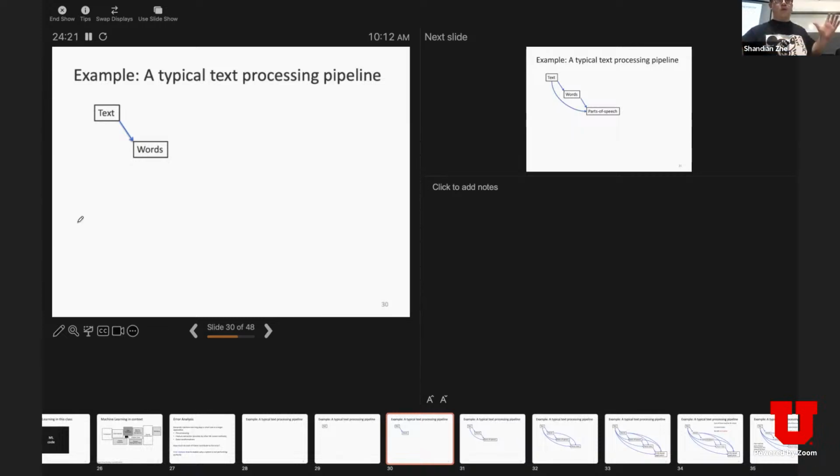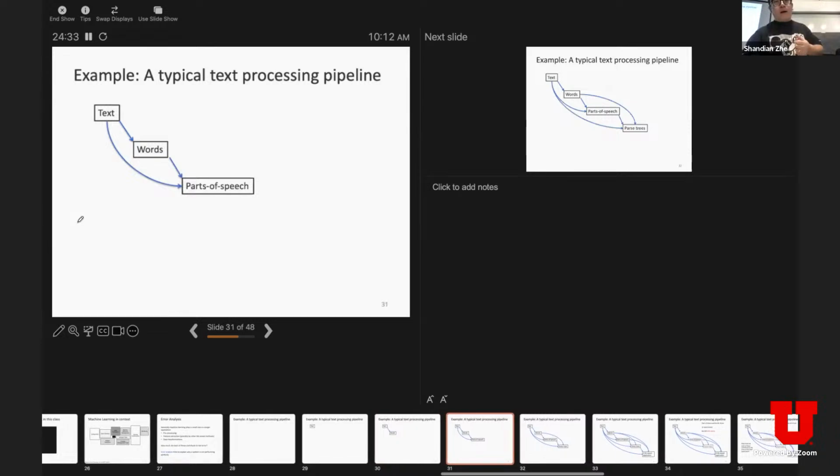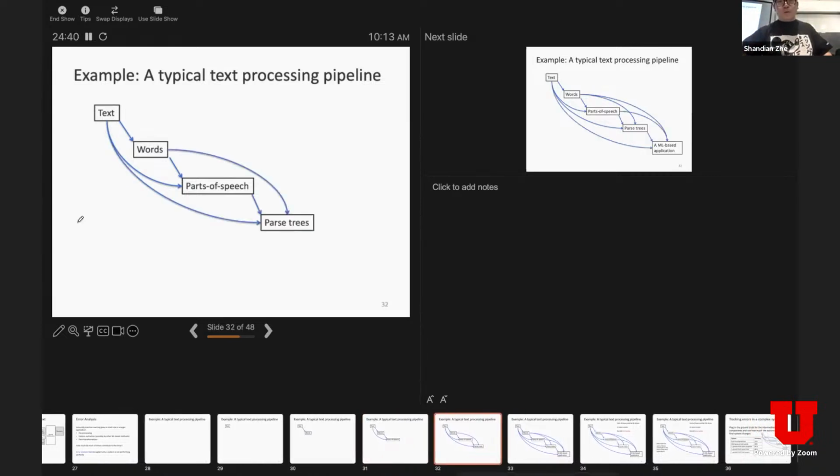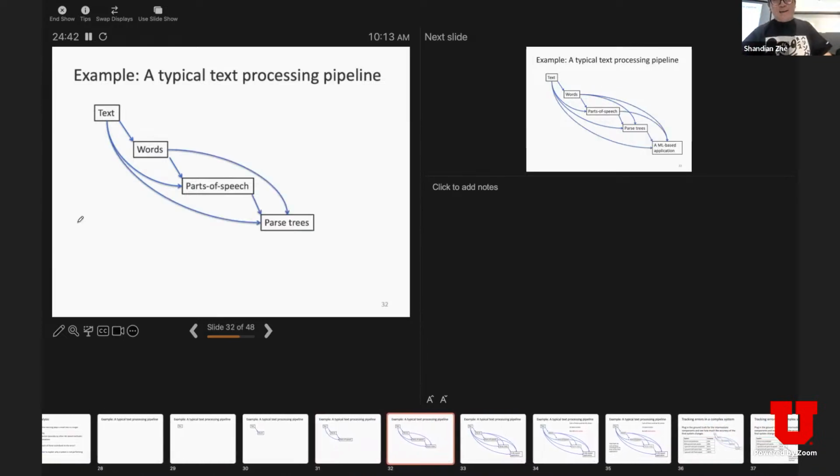I just ignore whether it's singular or plural or past tense or future tense or past participle, all that kind of stuff. I would just convert into the same form. And then I do parts of speech tagging. And through the parts of speech tagging, I can do some semantic tagging, which is called tree parsing.